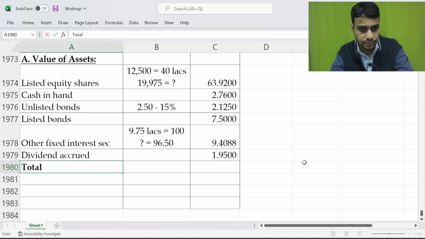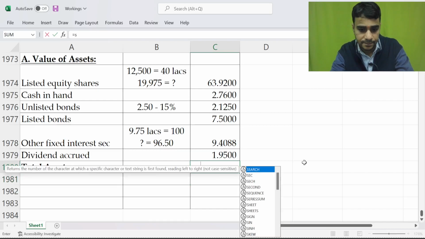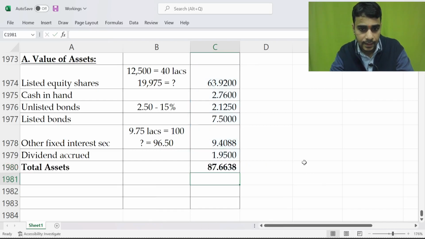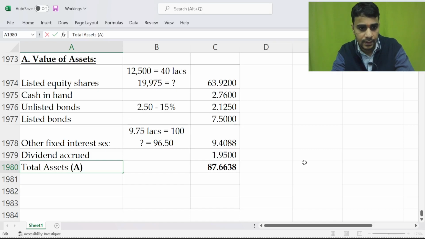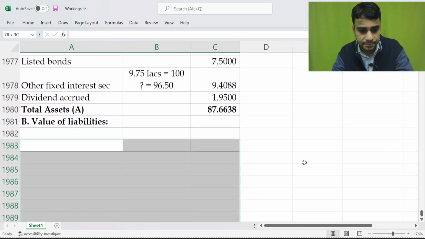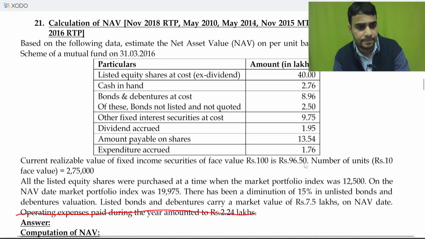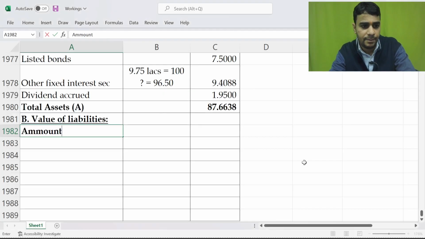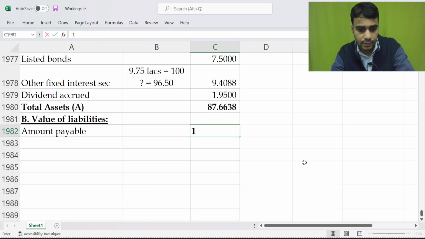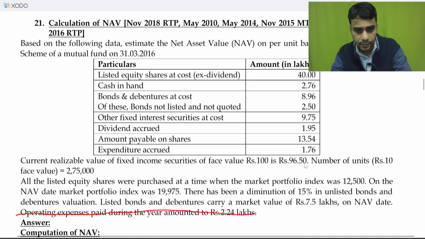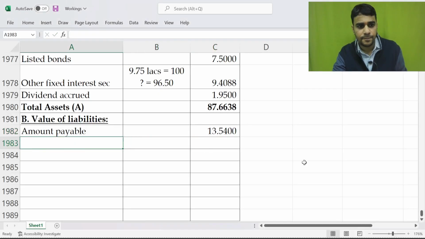Total assets. Less liabilities. We'll subtract the liabilities. Two liabilities are there in the table. Apart from that, anything extra can also be there. Amount payable on shares 13.54.